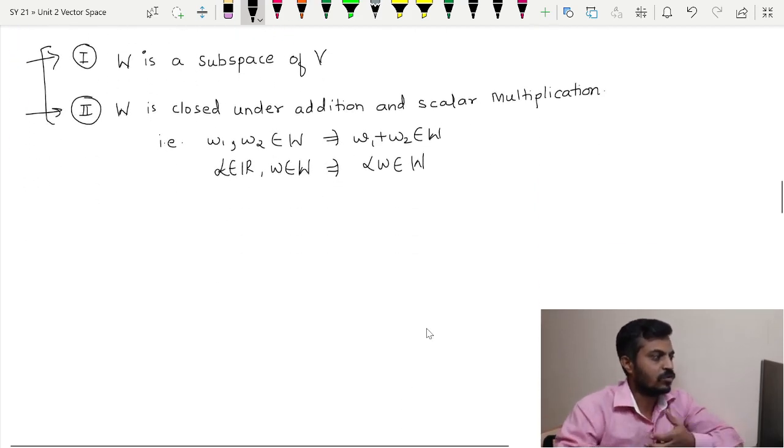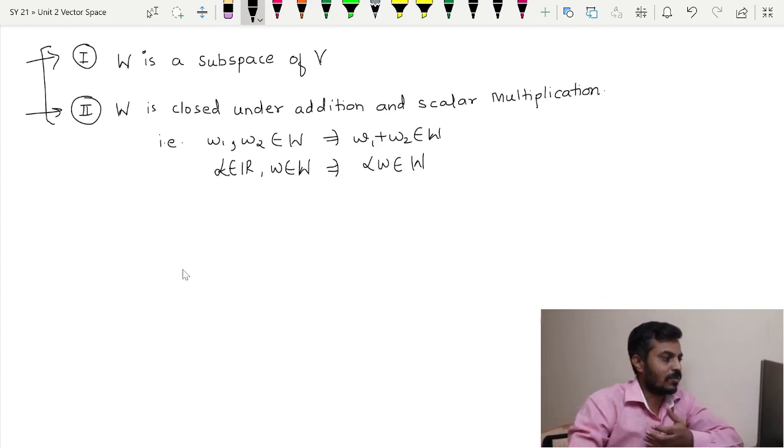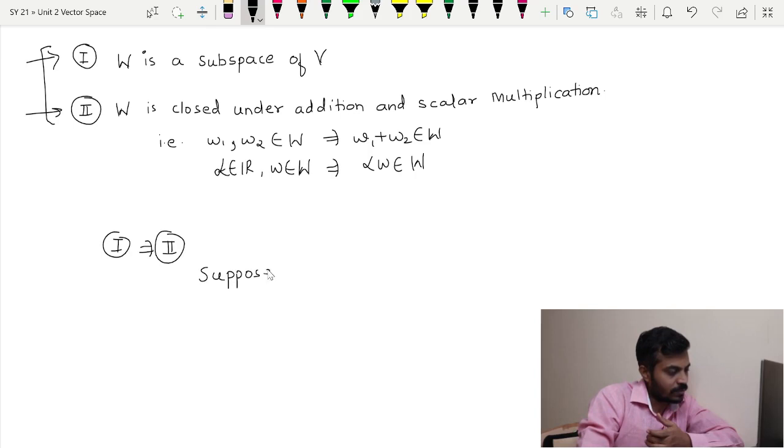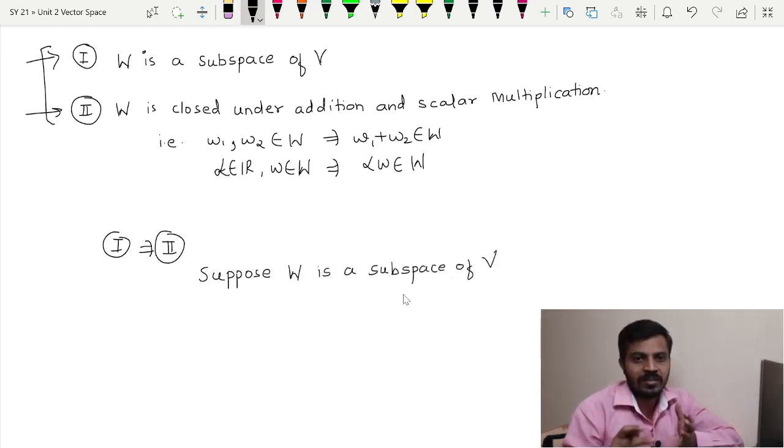So first of all I will assume that W is a subspace of V. So what we have to prove? 1 implies 2 first of all. So I will say suppose W is a subspace of V. Now what is the meaning of this?